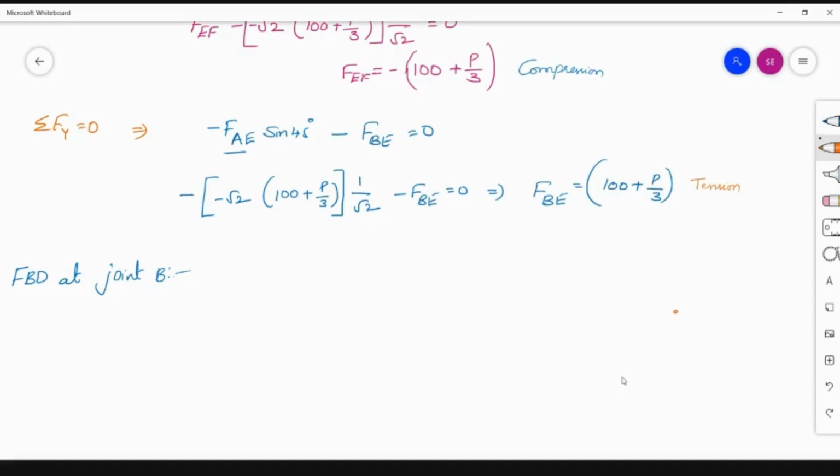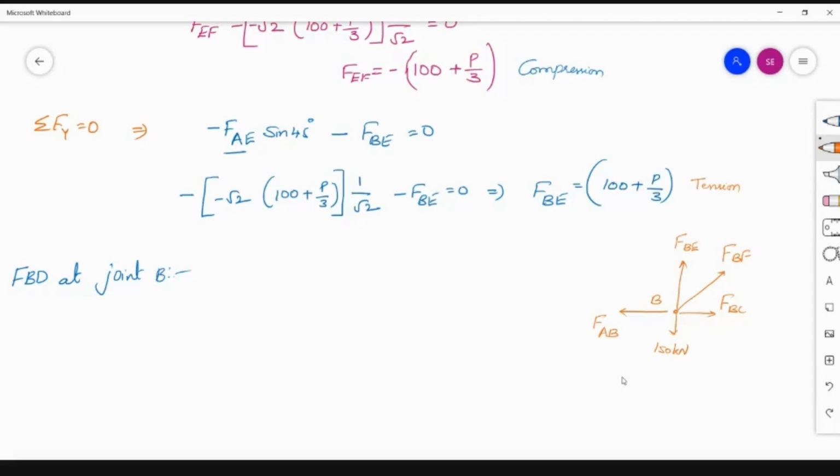At joint B, a downward force of 150 kilonewtons is acting. Here, force in BC is there, and AB member is there here. We are assuming all the forces are in tension. That's why away from the joint we are representing. Now, inclined force is to be always resolved.